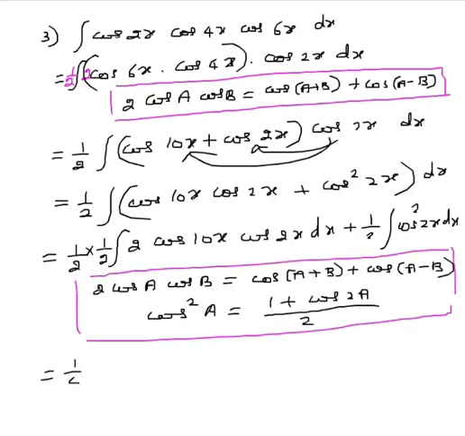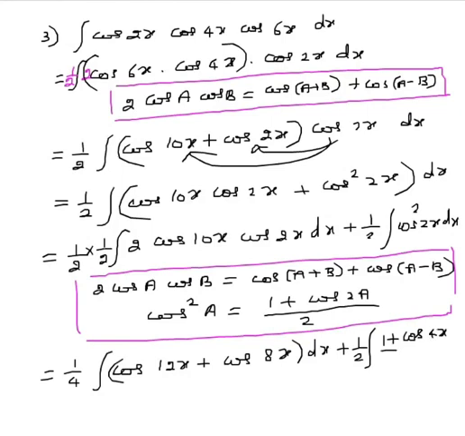Therefore, the first term becomes cos of 10x plus 2x is 12x and cos of 10x minus 2x is 8x dx. And the second term, half into integral 1 plus cos of twice of 2x, which is 4x, divided by 2 dx.